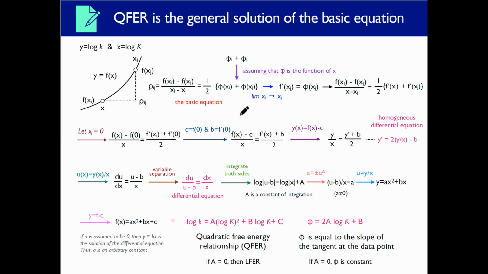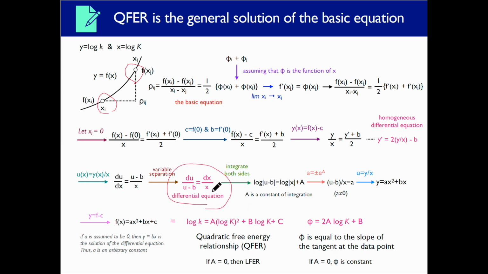Then we want to obtain a general solution of the basic equation, and we consider the limiting case again. So xi and xj, our two data points, come very close, and we can derive a differential equation here.